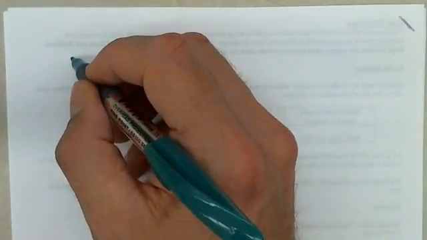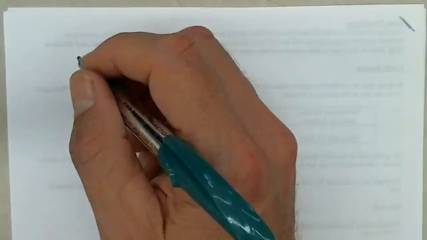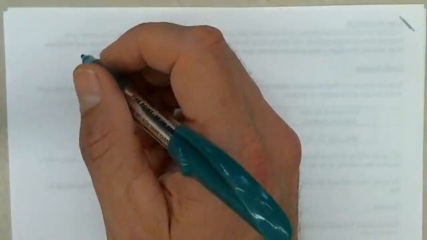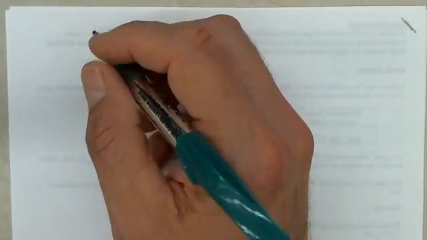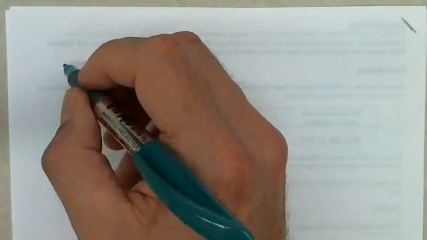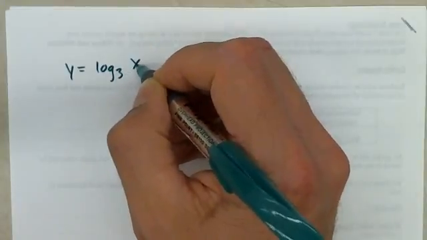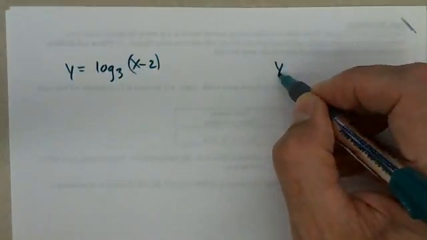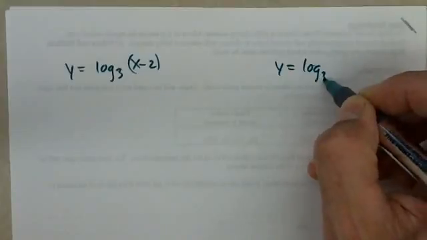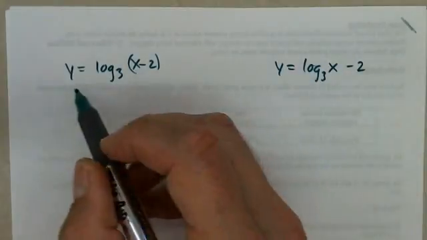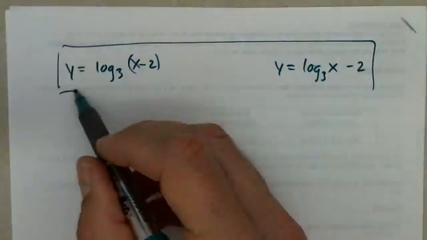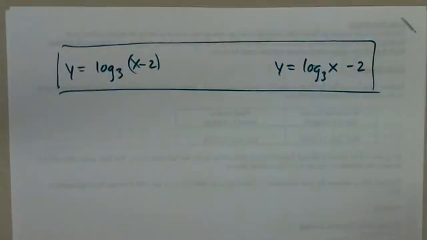All right, let's look at some shortcuts so we don't have to do the whole table. We can just use transformations. So let's graph... all right, and here's where some students get confused.